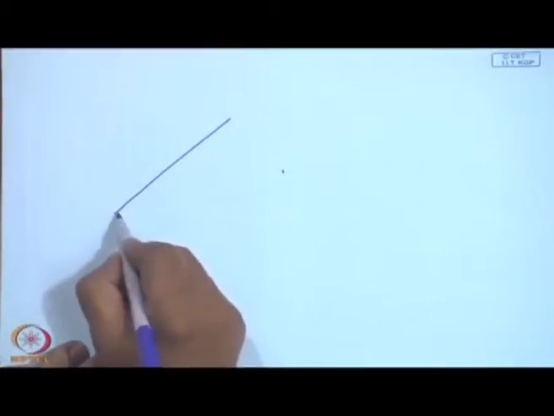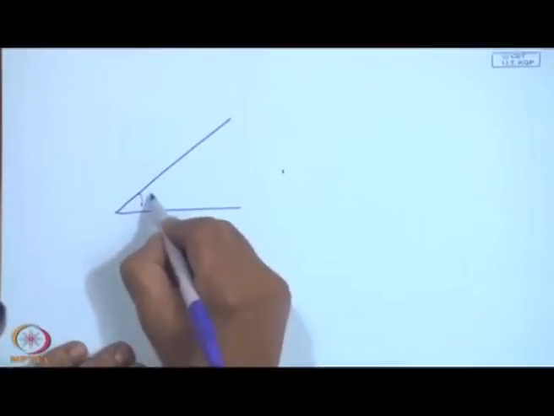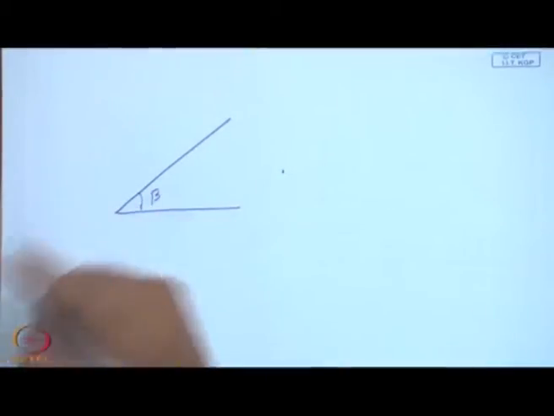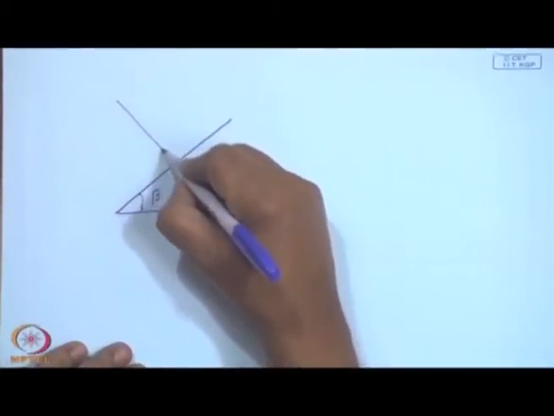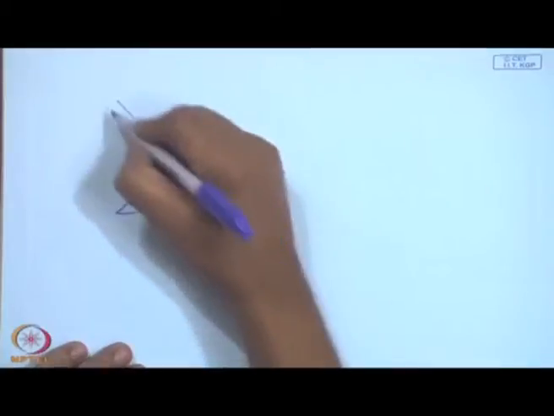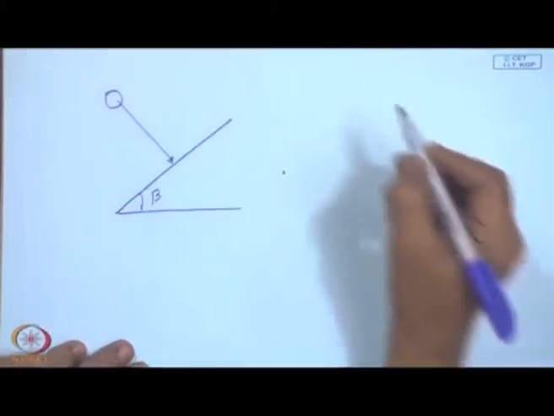We also know that a surface having a particular slope beta will receive maximum radiation if the sun's rays are normal to the surface.